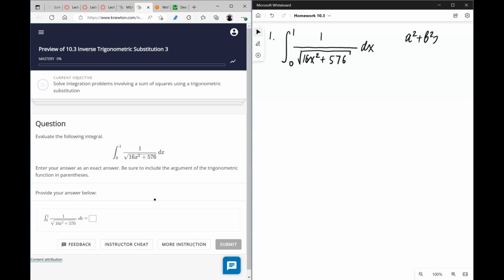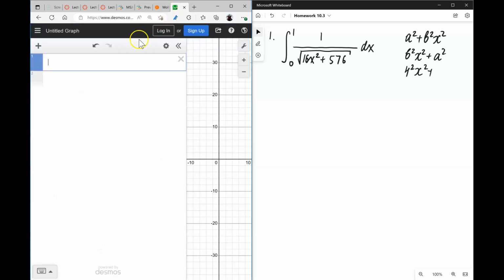You can see it either like this, or you can have it reversed like this. In our case, we have 4 squared x squared plus 576, which is 24 squared.